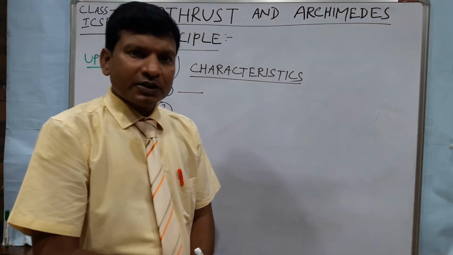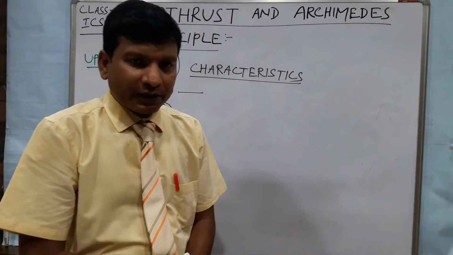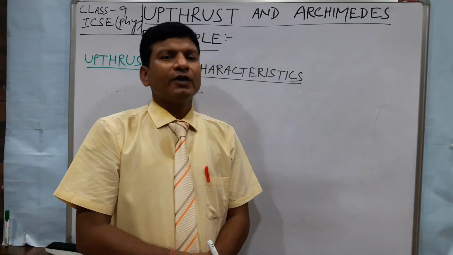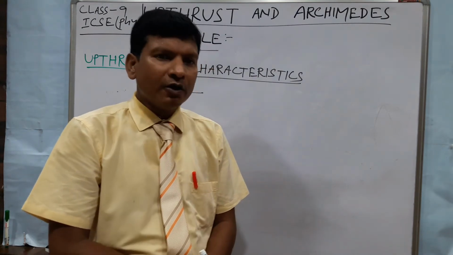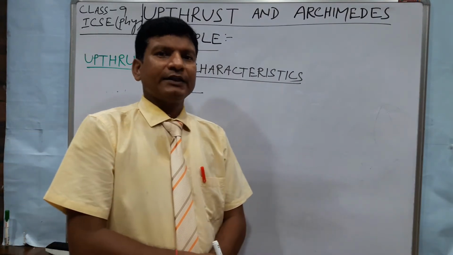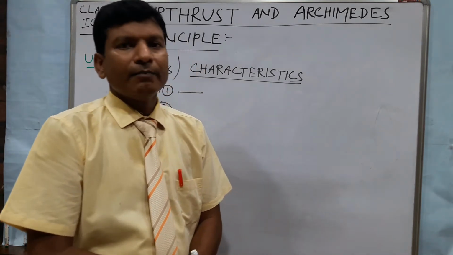Obviously the upthrust in the case of sea water will be more. Why? Because due to the presence of salt, the density of sea water is more than that of river water. So at the same height in sea water, the upthrust exerted on a body will be more.